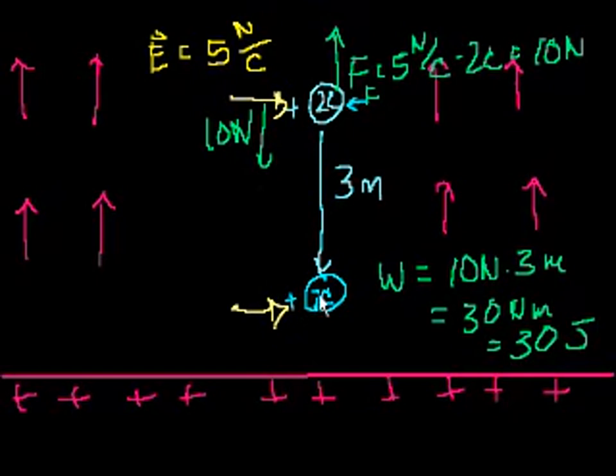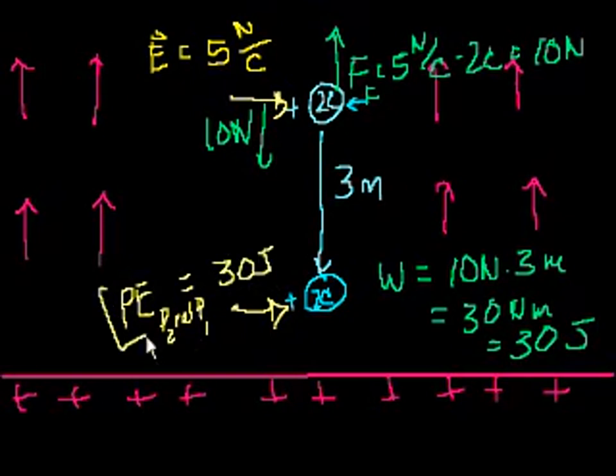So the electrical potential energy here relative to here, and you could say, P2 relative to P1. I'm using my made-up notation, but that gives you a sense of what it is. It's equal to 30 joules. And how could that help us?